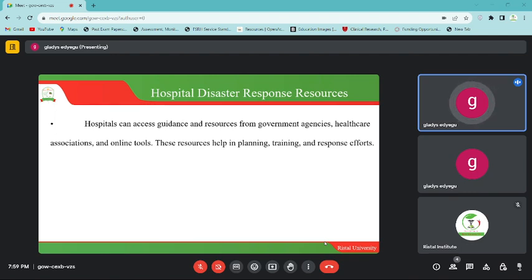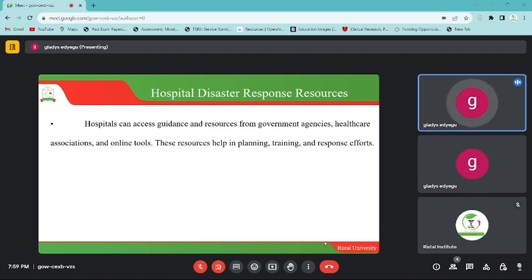Then the second stage of disaster management is response. In case you have failed to prevent or mitigate disaster and it has occurred, how are you going to respond? This comes along with how you prepared to handle that disaster.